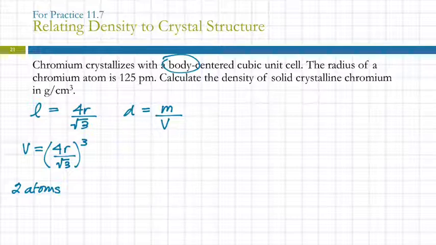So let's think about a path here. We've got atoms, and we want to get to grams. We've got the molar mass. That relates moles and grams, right? So if we had moles in the middle here, we could get to grams. Do we know the relationship between atoms and moles? Avogadro's number, right? So we'll go from atoms to moles to grams.